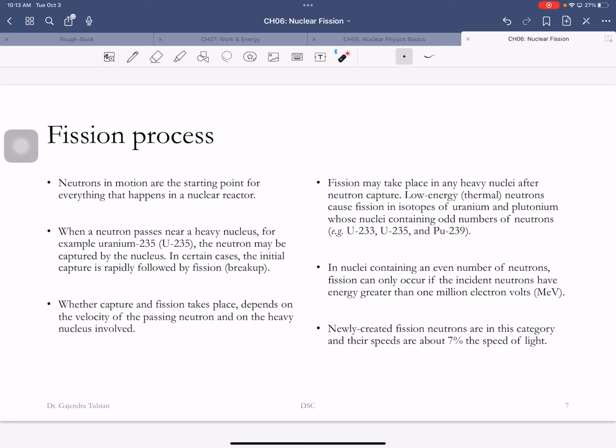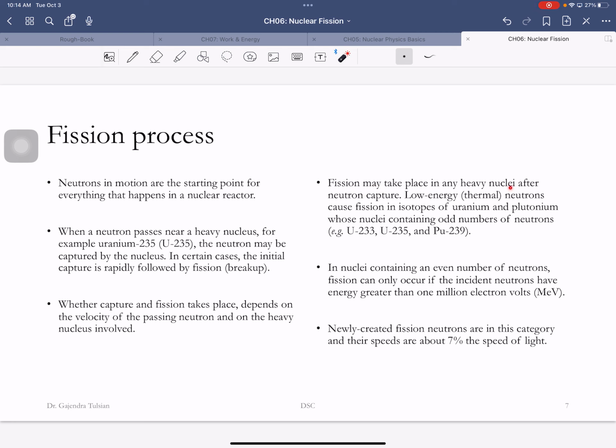So it might capture it, it might spit it out, but it might capture it and then it might split up. All those processes are random. And in a nuclear reactor, everything you do, you're trying to make sure that the chain reaction is maintained.